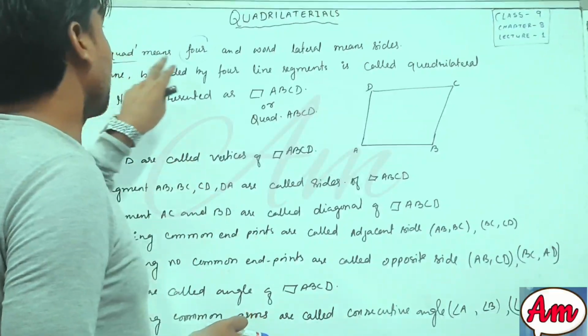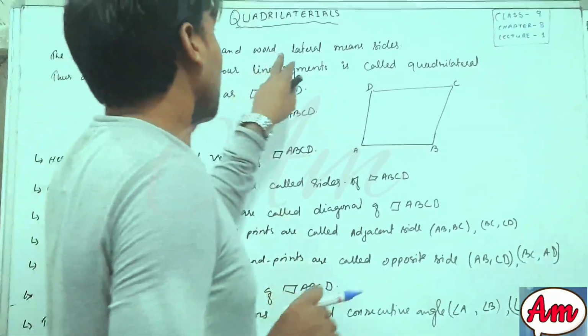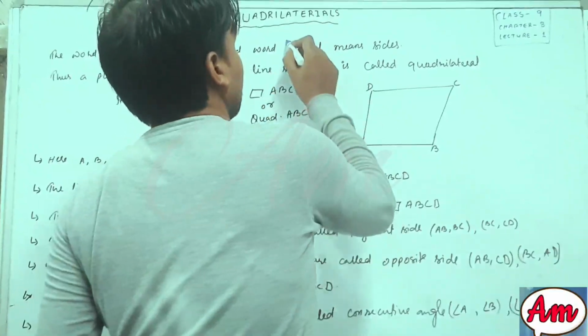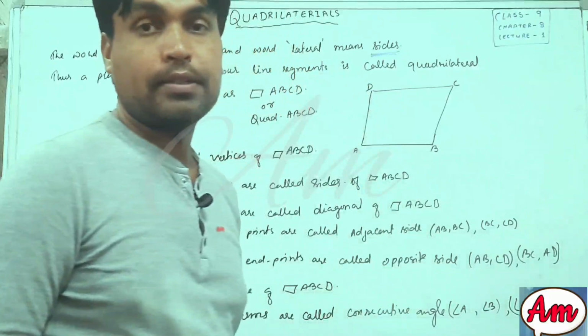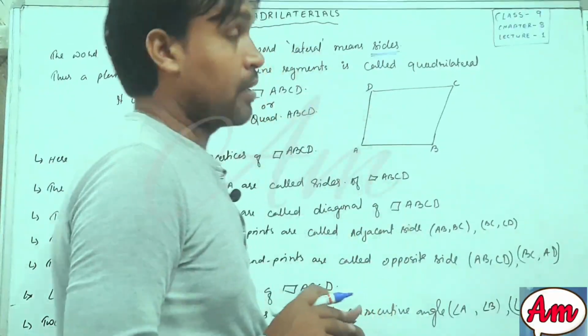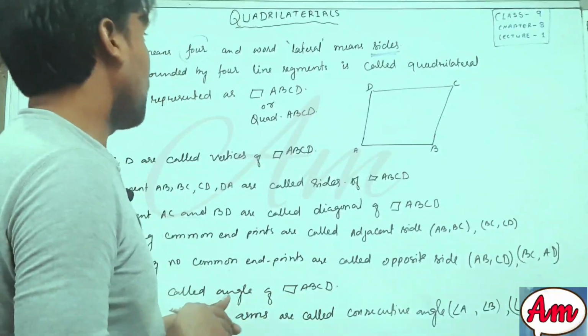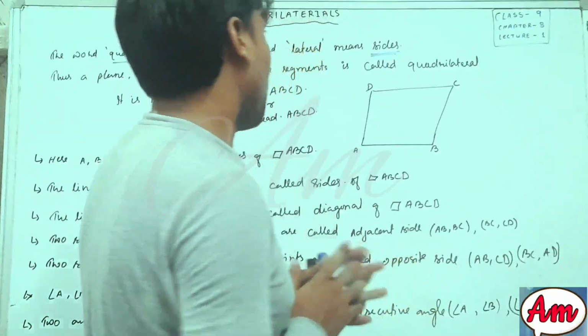Quad means 4, and the other part, lateral, means sides. So quadrilateral means 4 sides. Got it or not? Quad means 4 and lateral means side.